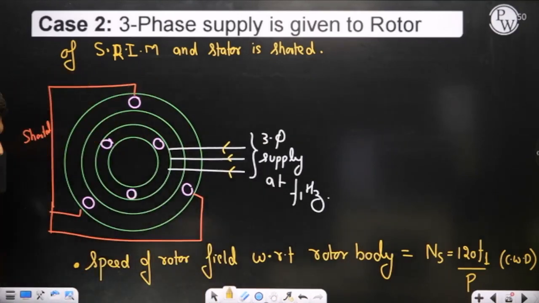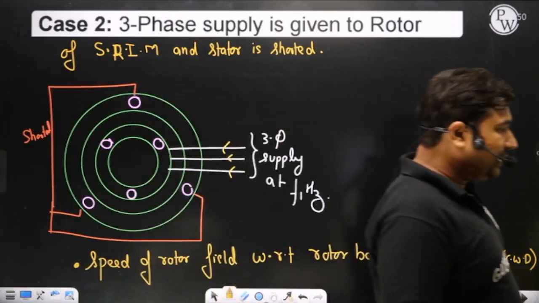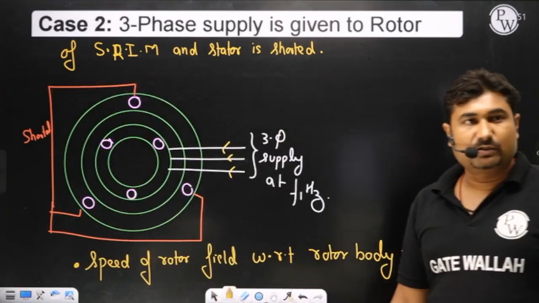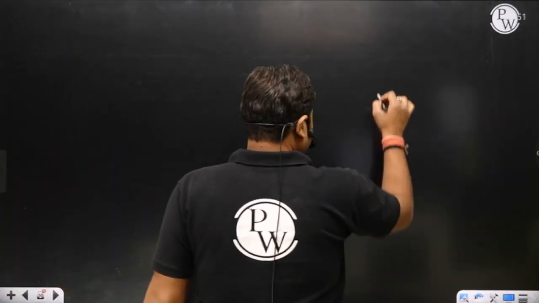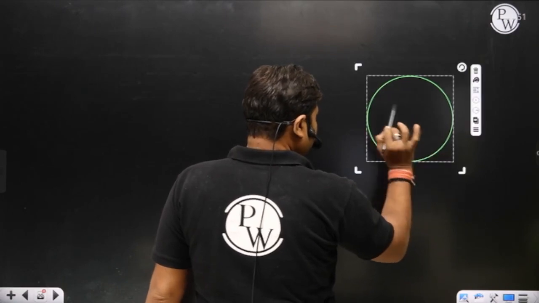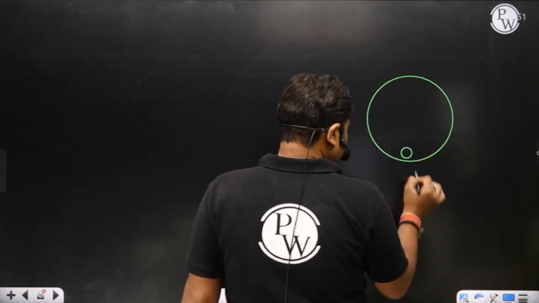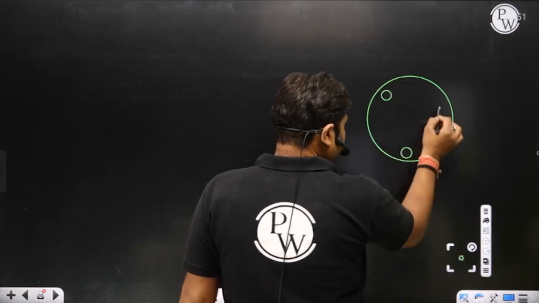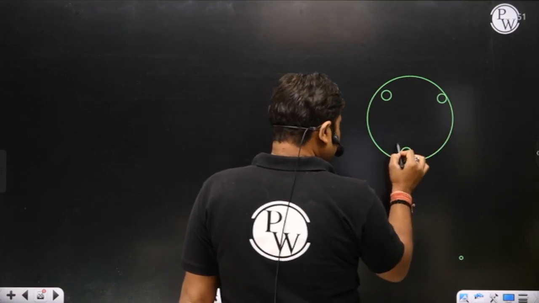So this is the speed of the rotor field with respect to the rotor body. Now please see, we have a rotor and the rotor winding is displaced in space by 120 degrees. We have given supply to the rotor and that will create a rotating magnetic field.